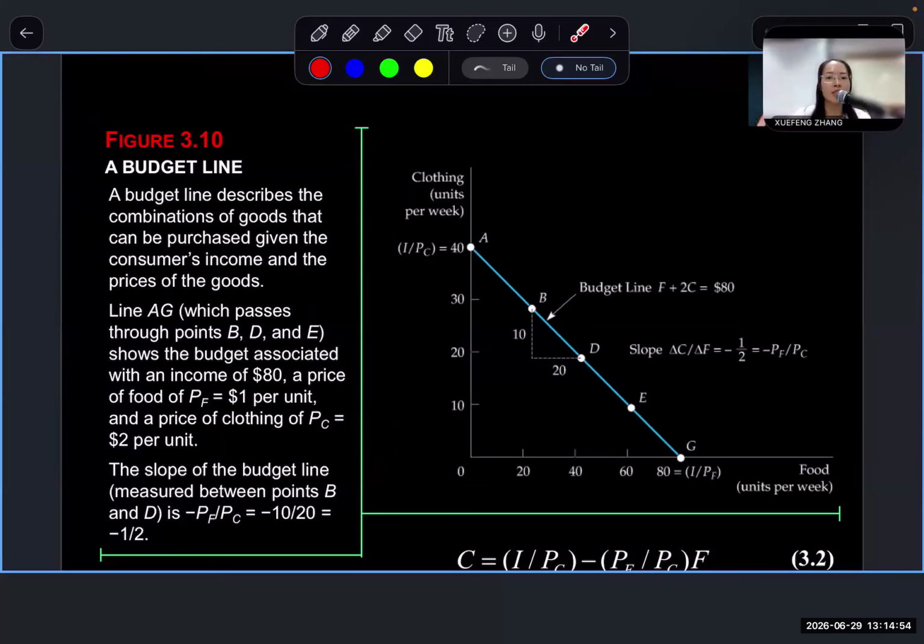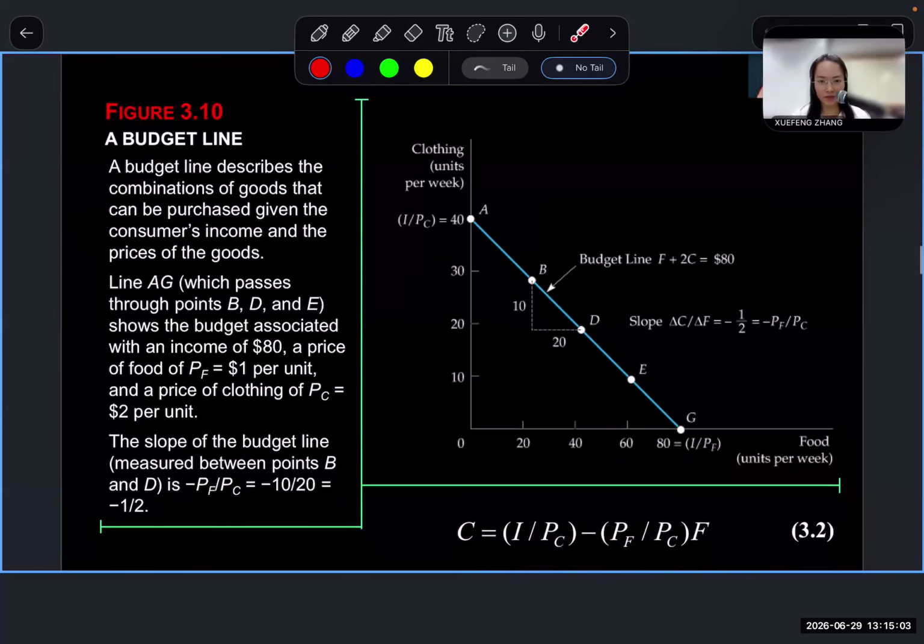Let's work together on equation 3.2. So let's see the figure, the line AG, which passes through points B, D, E, is the budget line, right?